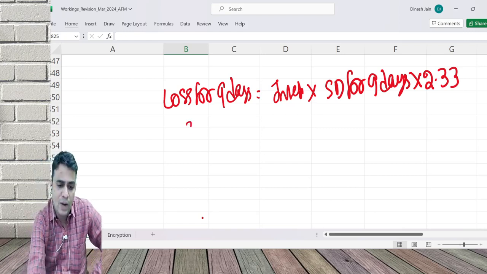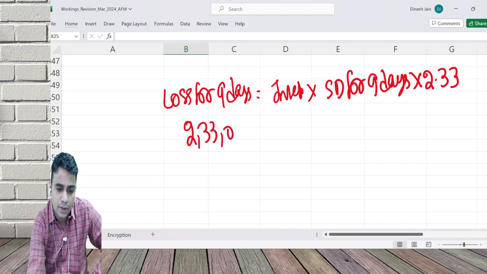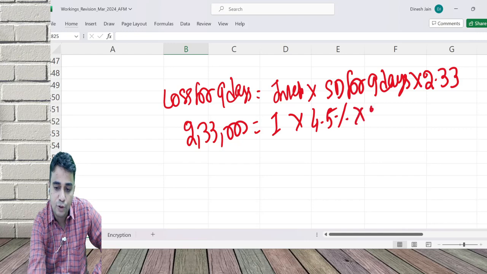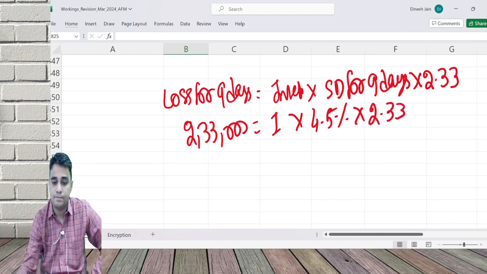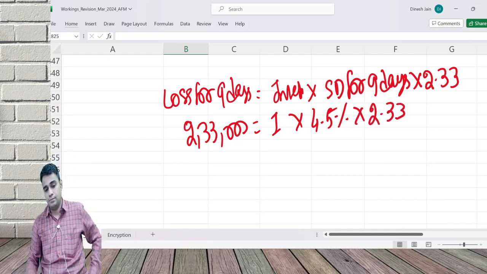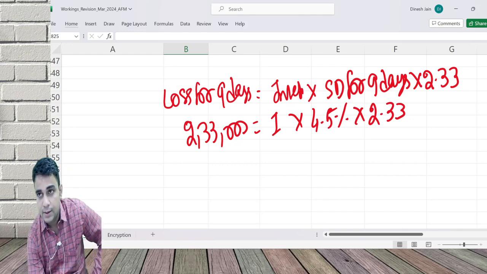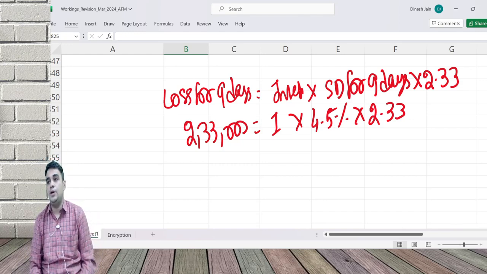It is 4.5. So 2,33,000 equals investment into 4.5% into 2.33.